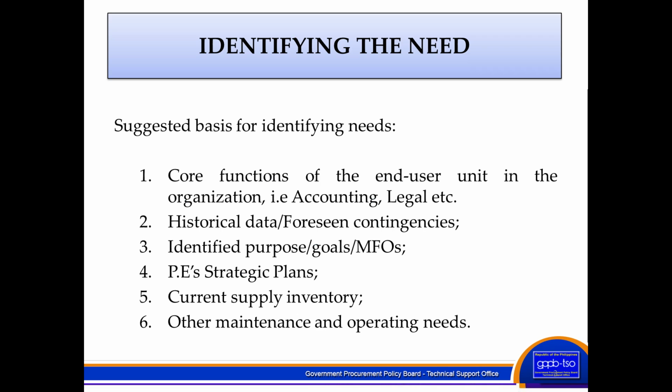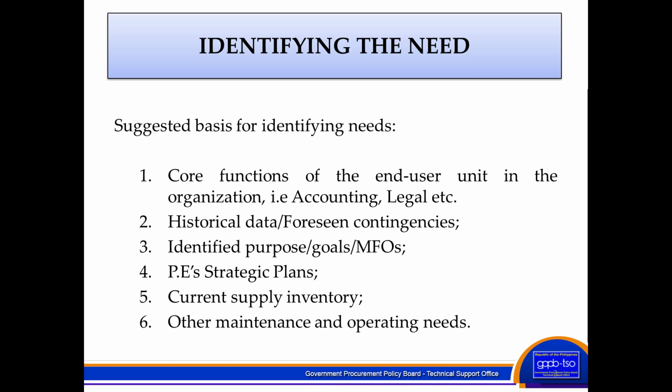So identifying the need. Suggested basis for identifying needs. First, we have core functions of the end user unit in the organization. For example, we have the requesting implementing unit like the accounting section, the legal section, or the colleges in a university, or maybe an office, a supply office, dental or medical services, and the like.